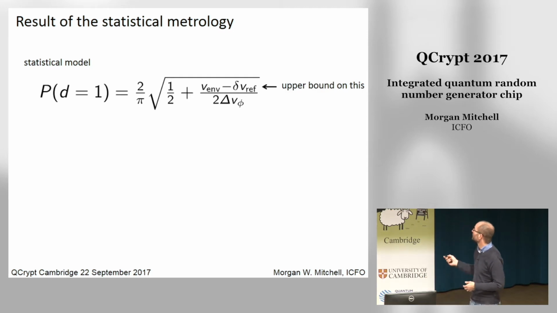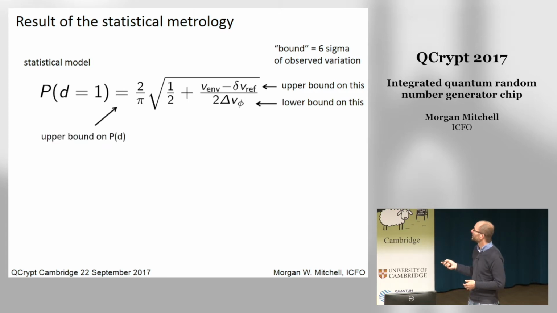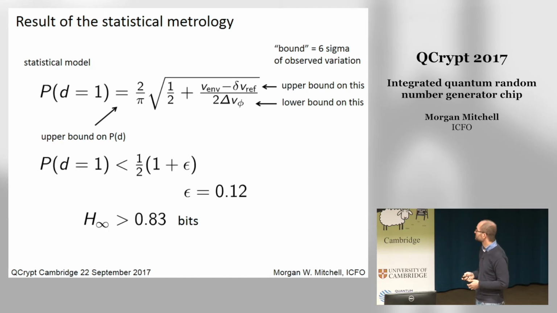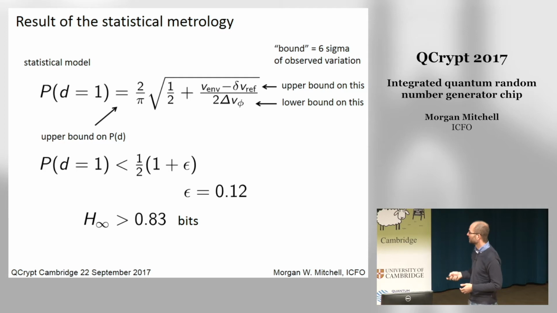So then we have an upper bound on this, we have a lower bound on this, that gives us an upper bound on this probability, which is what we need in this application. In fact, the error is 12% relative to the ideal 50-50 case, or we have 0.83 bits of min-entropy under assumptions.